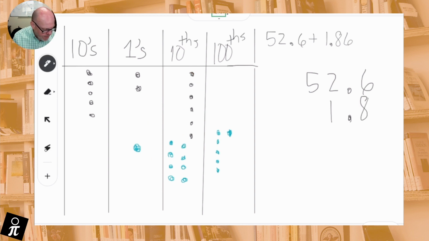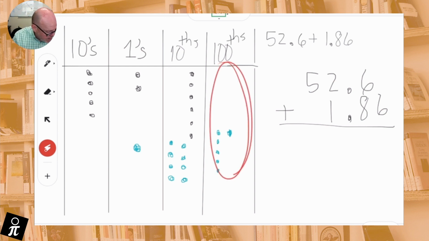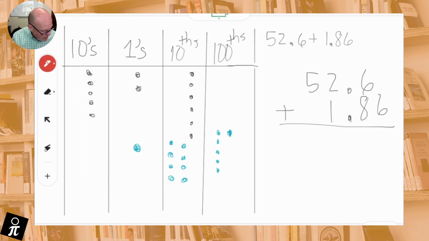So that 8 goes here, and that 6 goes right there. And so there is our correctly modeled problem, 52.6 plus 1.86. All right, now let's combine them. Addition means combine, so let's combine them. So nothing to combine over here, so let's do it in red. So our answer is just 6 hundredths. So let's write that down over here in the algorithm.